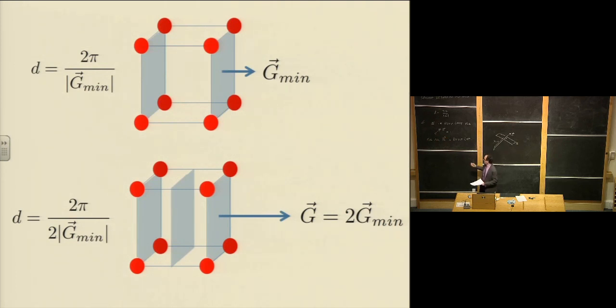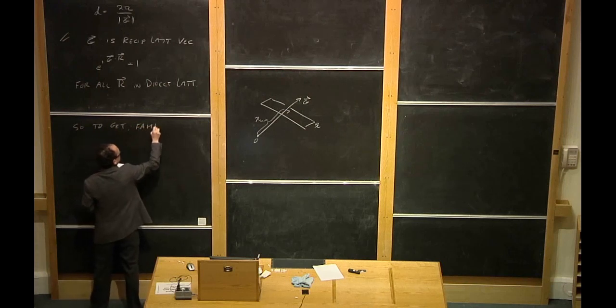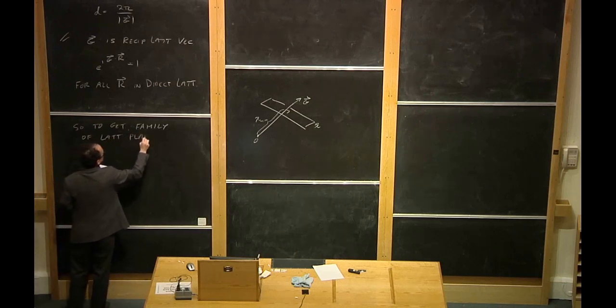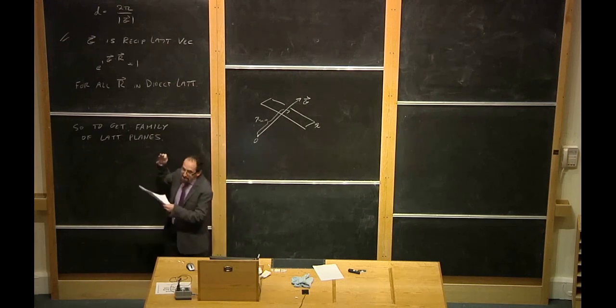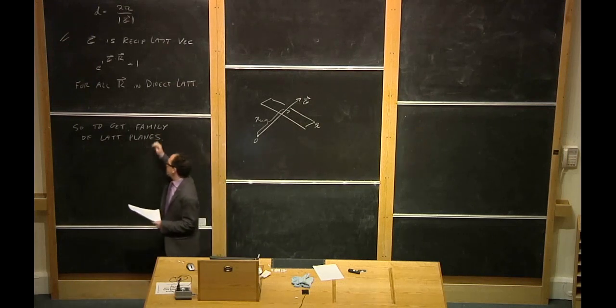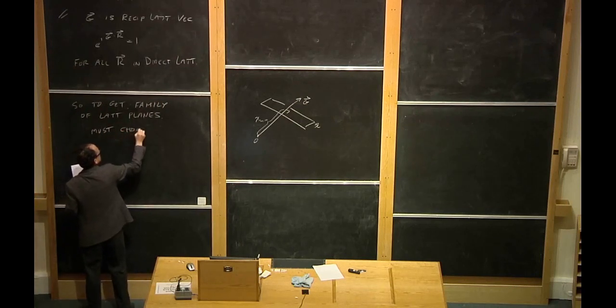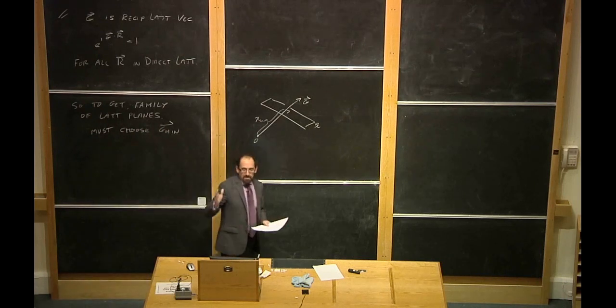So if we want to get a family of lattice planes, and to be a lattice plane it has to cut through a lattice point, so if we want a set of planes where every plane cuts through a lattice point, we must choose G_min, the shortest reciprocal lattice vector in that given direction.